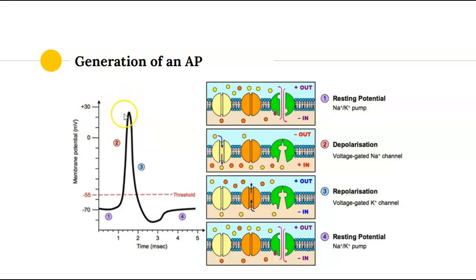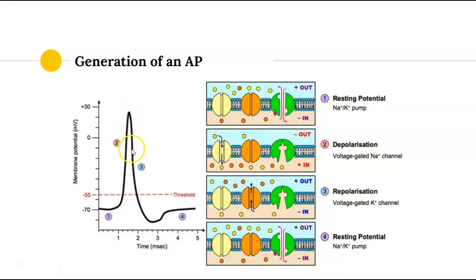As that happens and this action potential passes through the neuron, it needs to come back to resting. So it will very quickly repolarize, and I do mean very quickly. Look, this is in milliseconds. We're talking about two milliseconds, all of this happens.